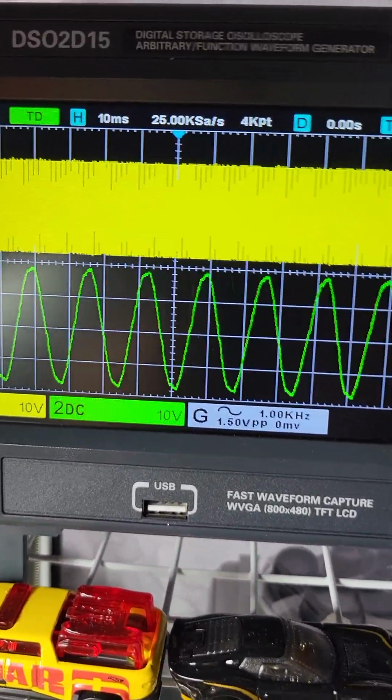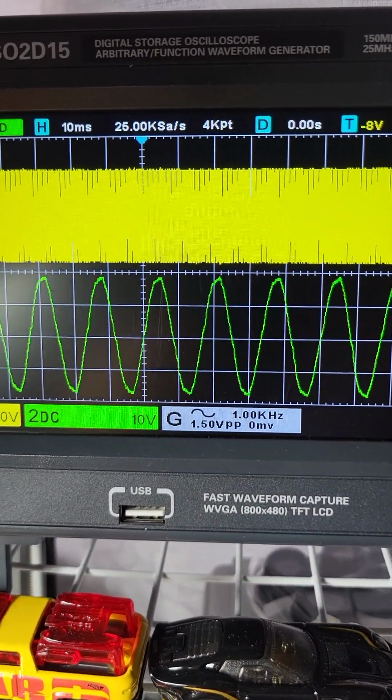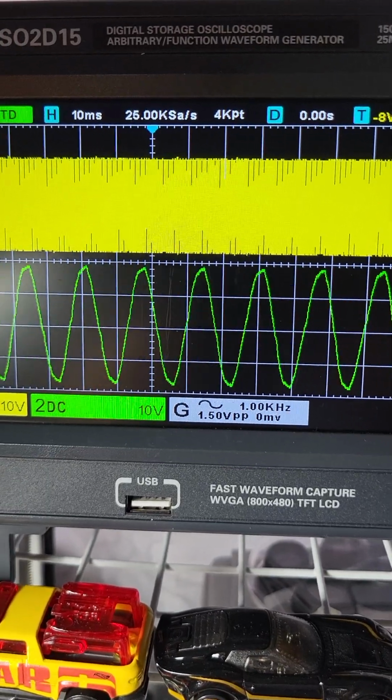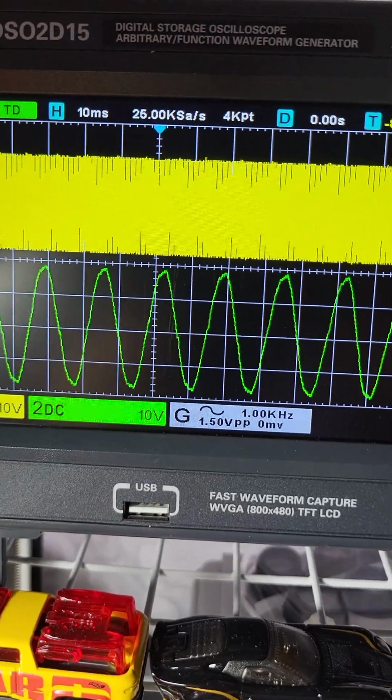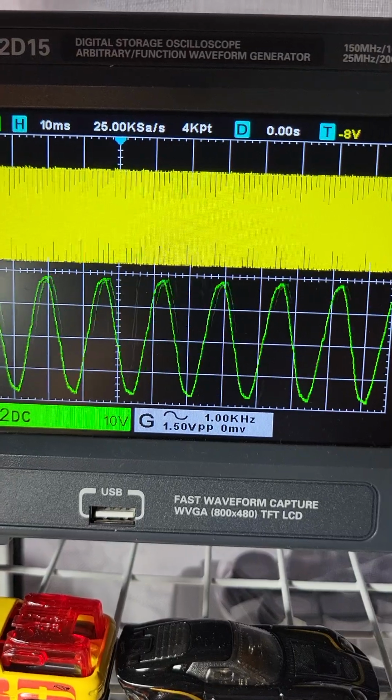While the yellow one has a higher frequency, and that's why you cannot read it if you zoom out.